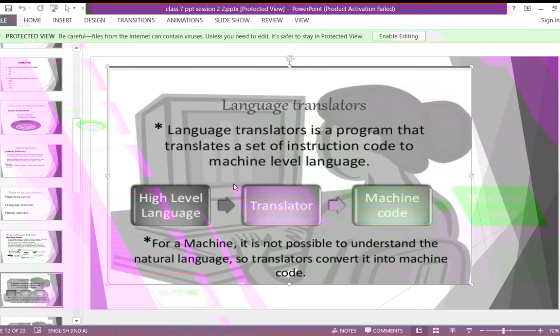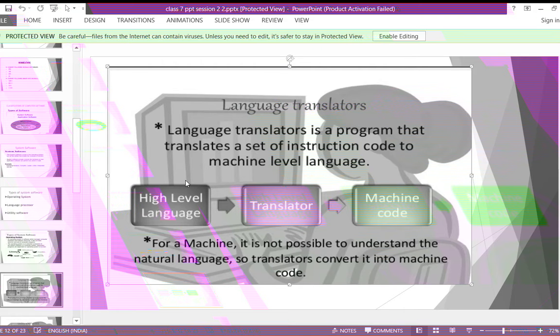Ma'am, in high level language, before we are translating, which language has it been written in? There are two types of language. We are writing in two types: one is low level and one more is high level language. Whatever we are writing in low level language is already in the form of 0 and 1, that is, in the form of binary numbers.